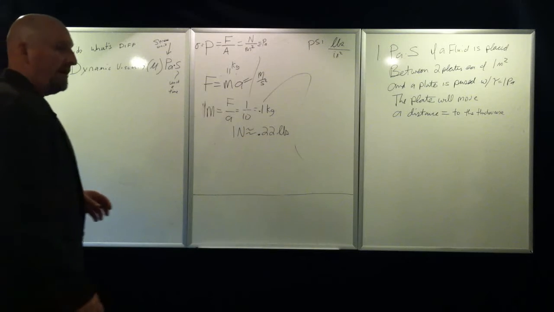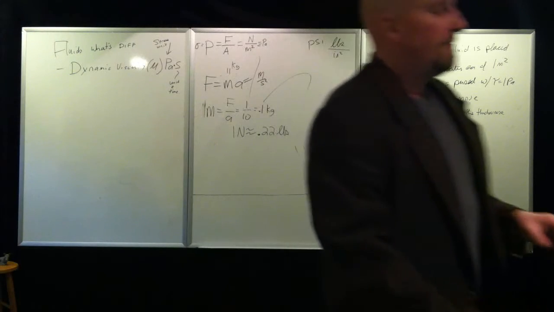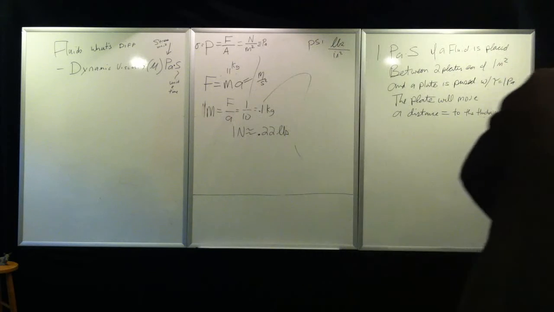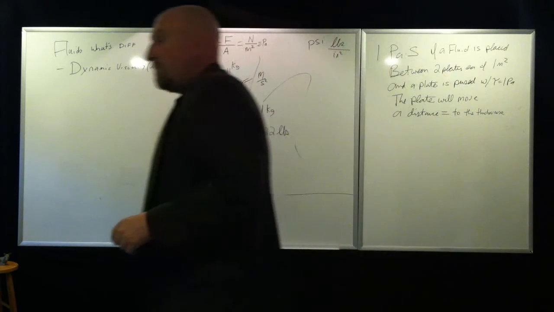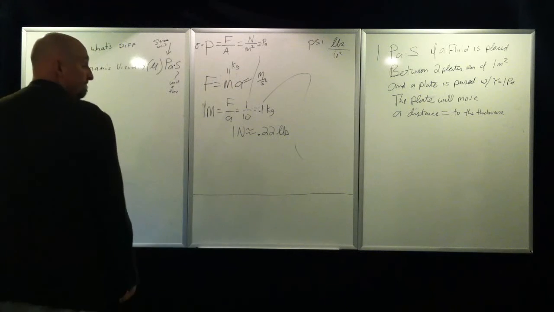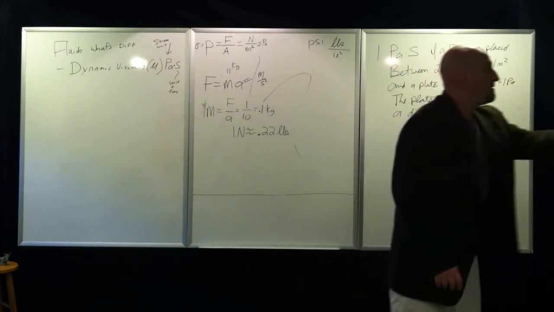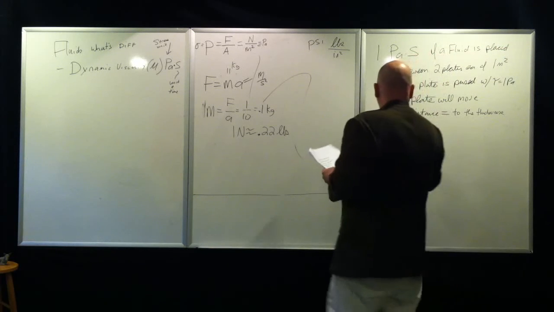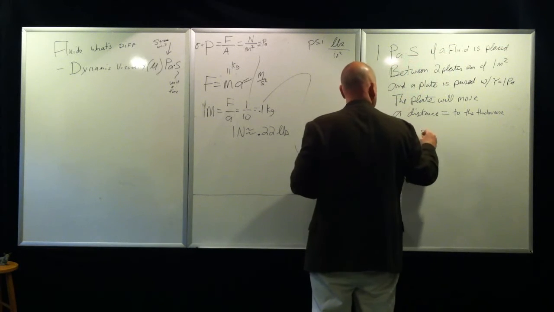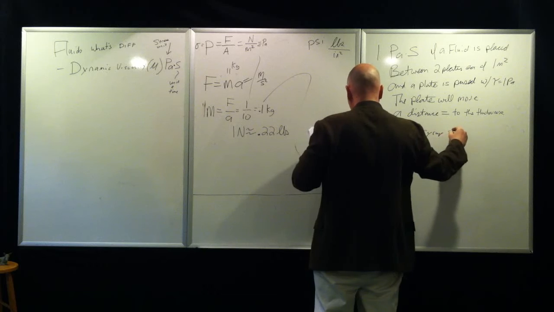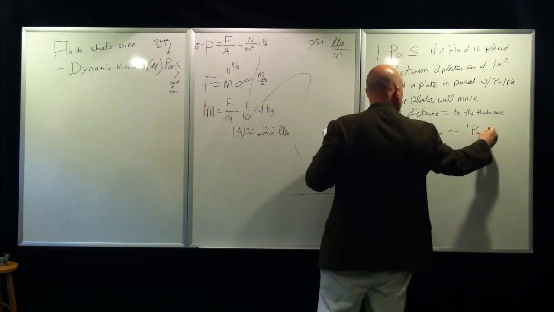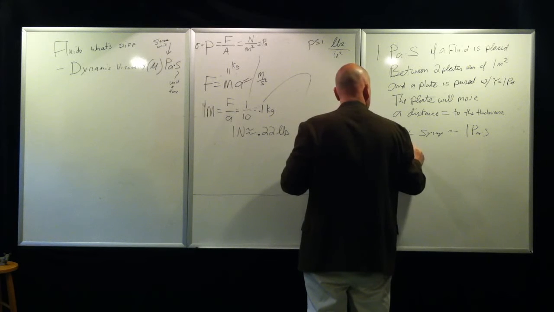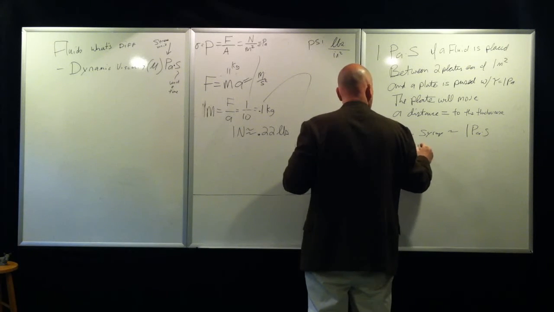Let's give some numeric values to various household fluids or liquids. Chocolate syrup: about 1 Pascal second.